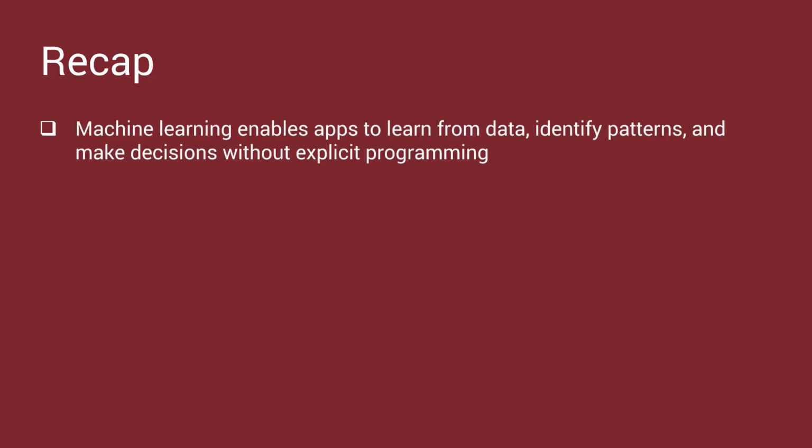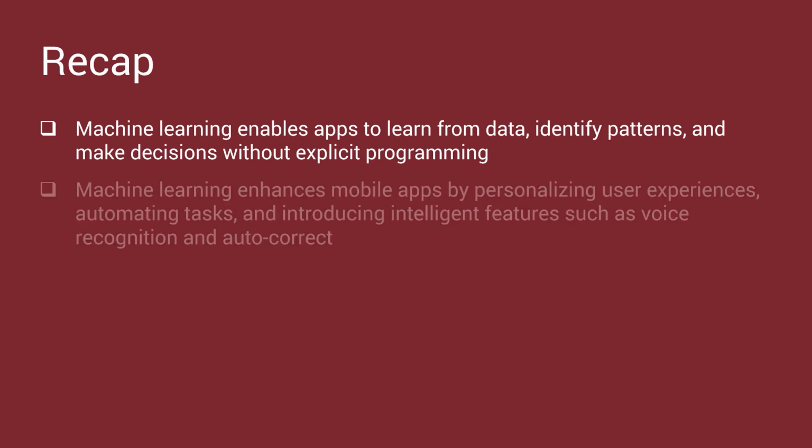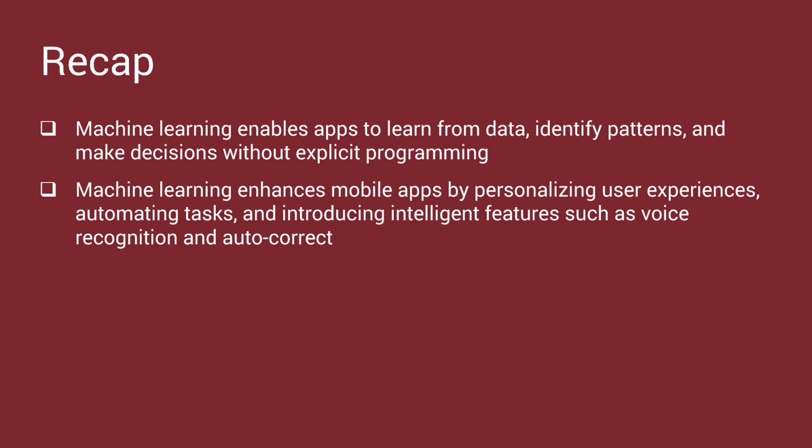In this video, you learned that machine learning is a branch of artificial intelligence that enables apps to learn from data, identify patterns, and make decisions without explicit programming. You also learned how machine learning enhances mobile apps by enabling personalization, automating tasks, and improving user experiences with intelligent features such as voice recognition and autocorrect.